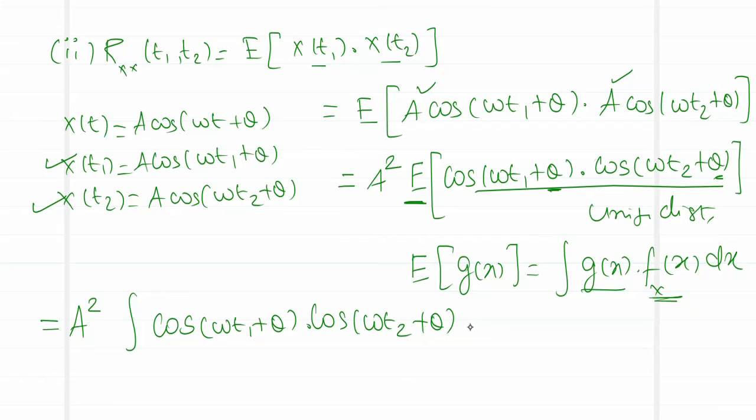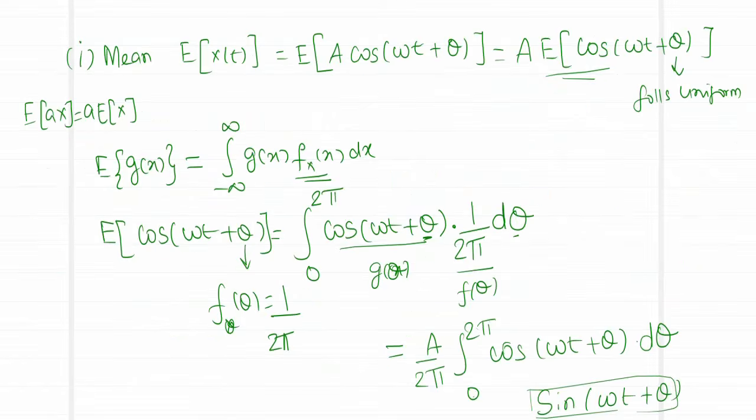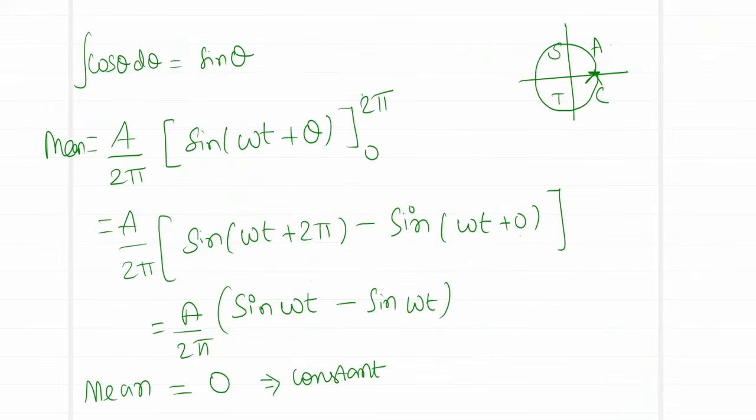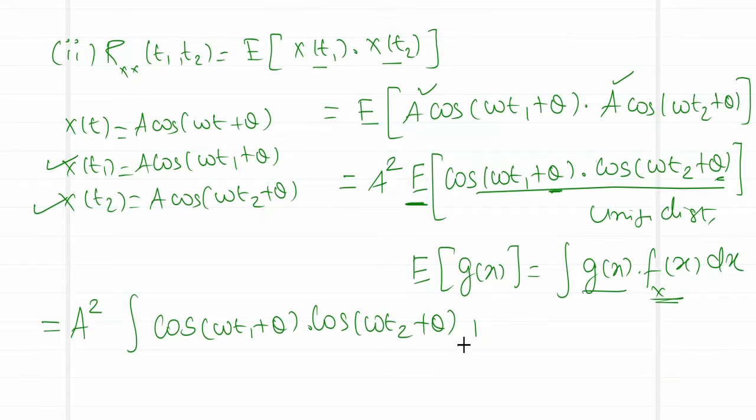What is f of theta when it is a uniform distribution? We will have to recollect that f of theta is equal to 1 divided by 2 pi when it is uniformly distributed in 0 to 2 pi. So we multiply by 1 by 2 pi, and dx is nothing but d theta for us. And where does our theta vary? Between 0 and 2 pi.